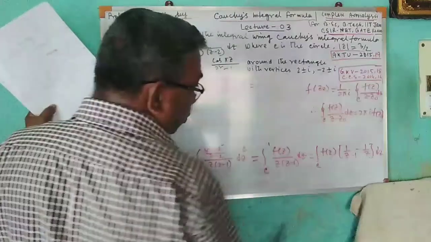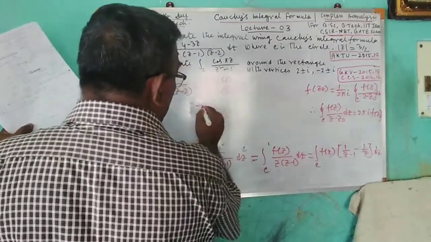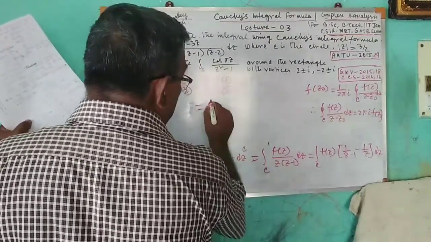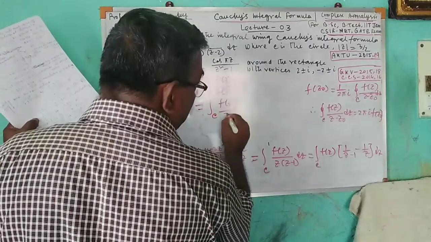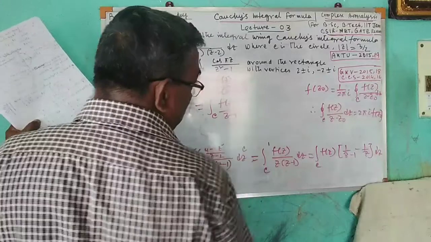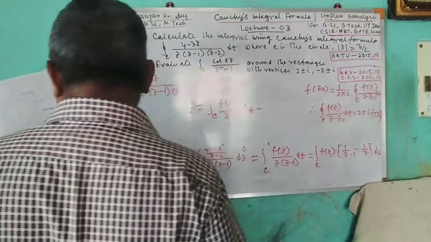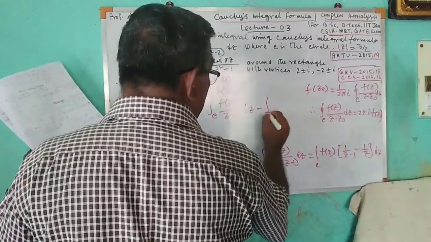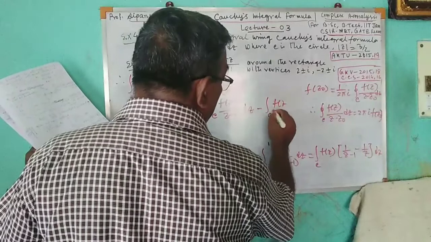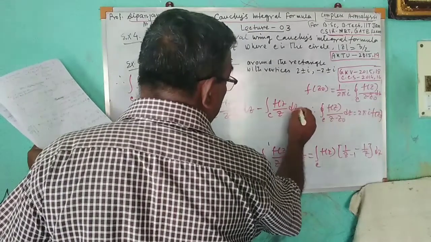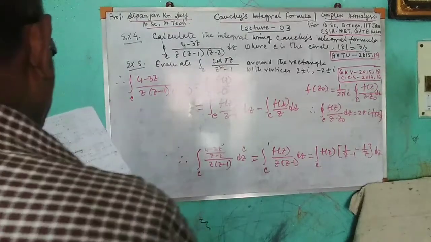This equals the integral along C of f(z) by (z minus 1) dz minus the integral along C of f(z) by z dz, breaking it into two parts.